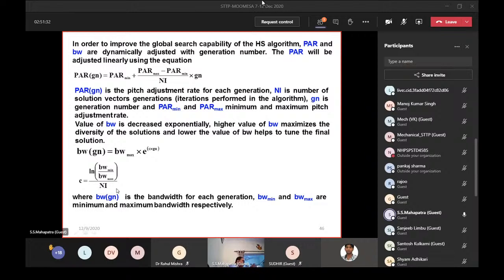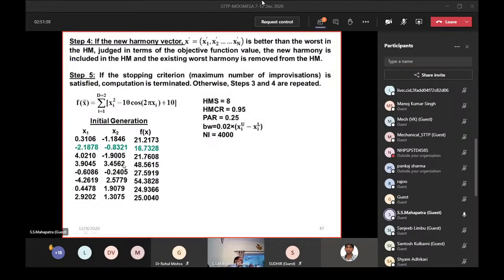What we do: initially generate a population pool. For each column x1, x2, x3, all these variables, generate a population pool of size HMS, that is the harmony memory size. Then take one row, take one value, that is x1 prime, whether x1 prime is to be selected from that x1 column, any value from that x1 column with a probability HMCR.